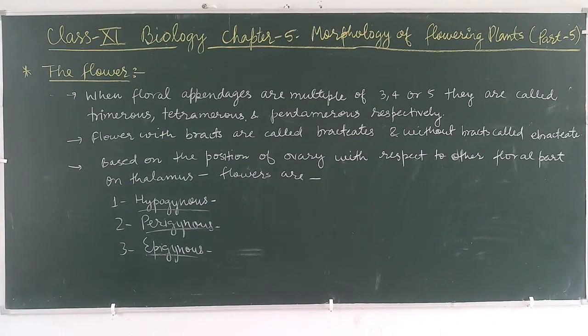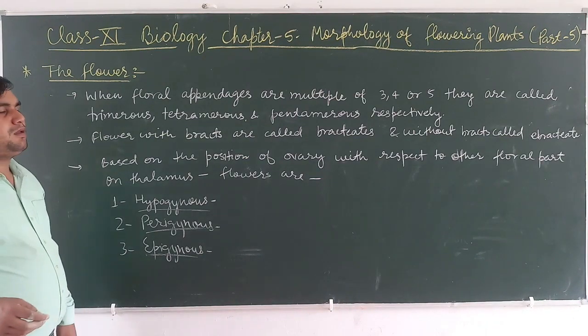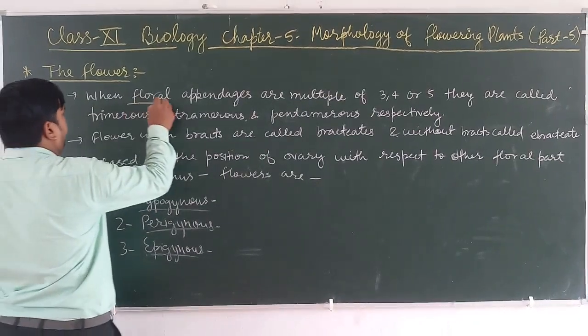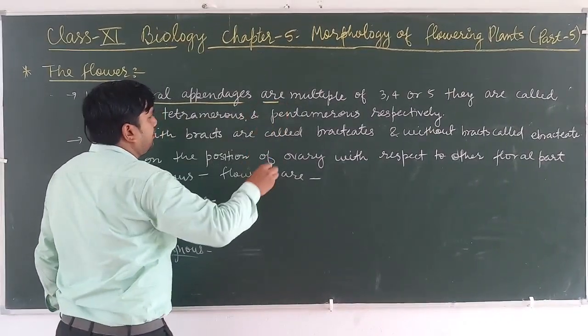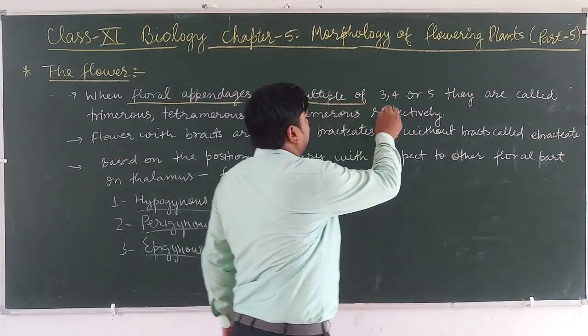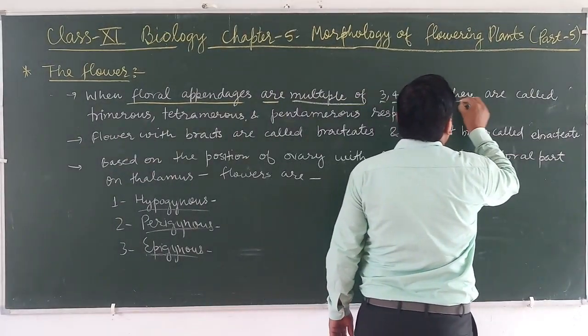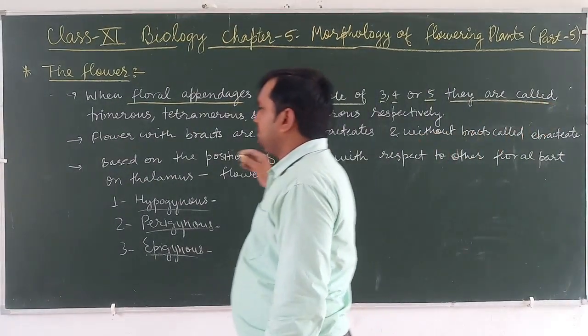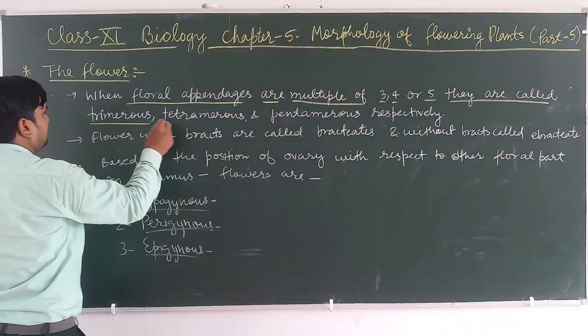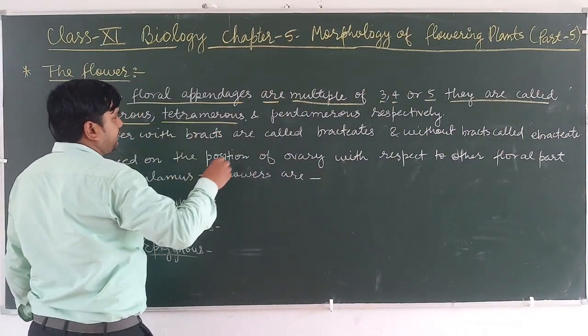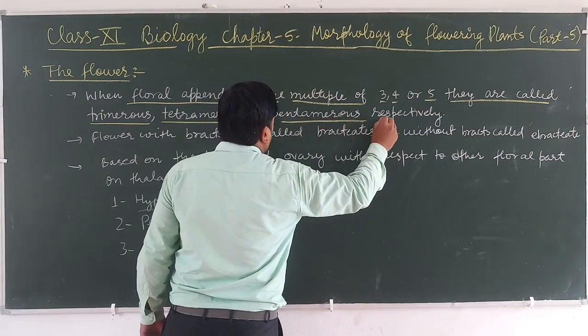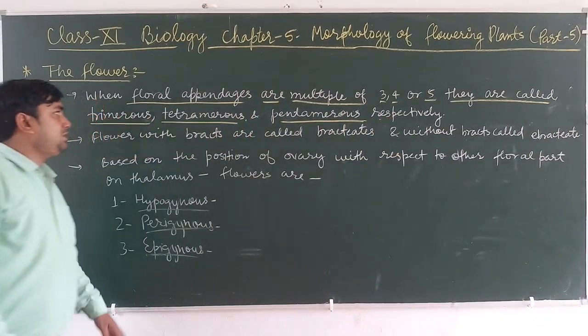Another property of flowers: when floral appendages are in multiples of 3, 4, or 5, they are called trimerous, tetramerous, and pentamerous respectively.